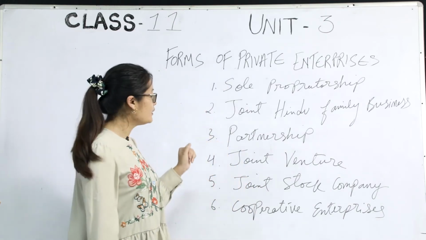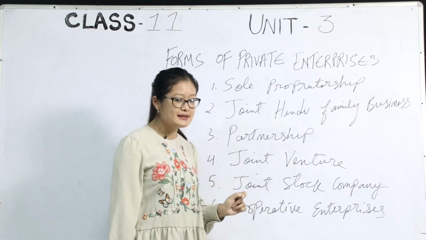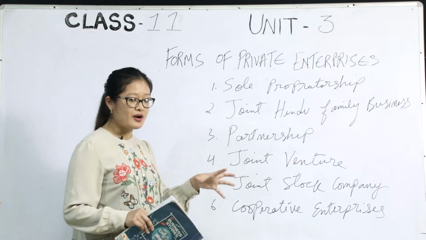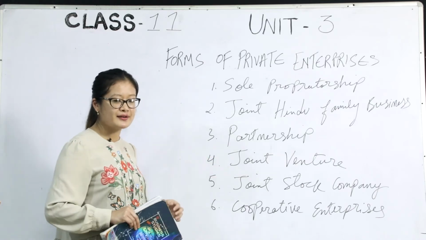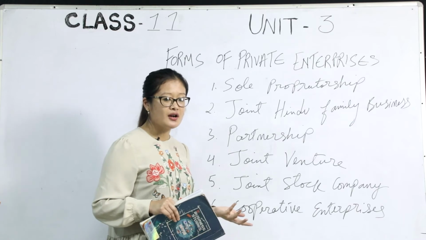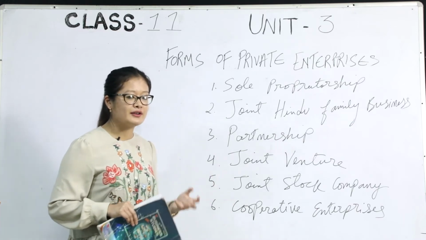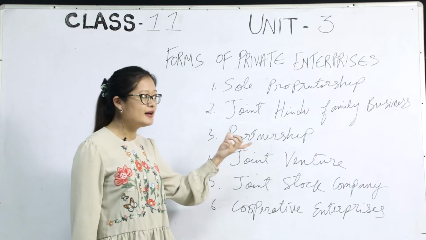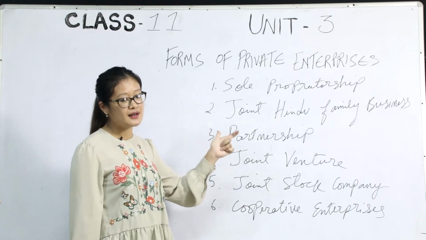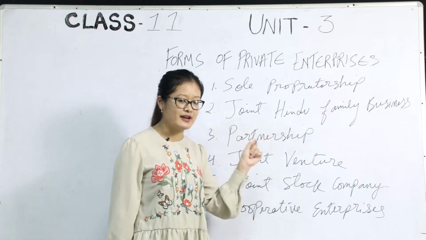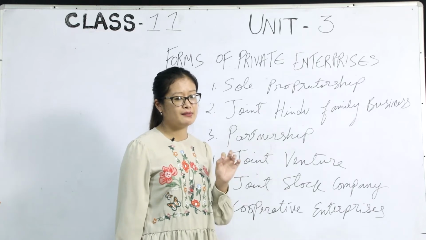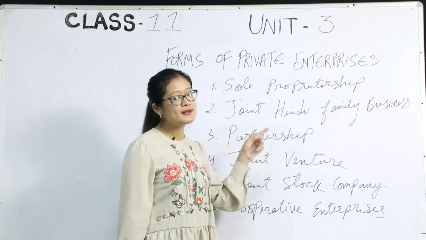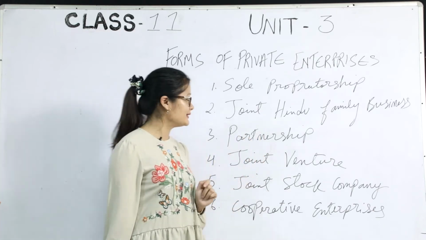Joint Hindu family business, a combination of every member coming together as one for the expansion of their family business. The eldest member, the Karta, is the head of this family, and he directs, manages, and controls the whole system of their business.